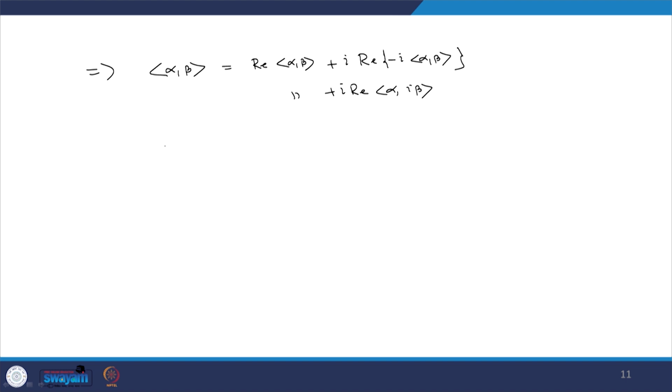So, this is a nice algebraic characteristic of a complex number. I will use this to understand the inner product in more detail, which we will discuss in the next class. We see that any complex quantity can be written as its real part plus i times its imaginary part.